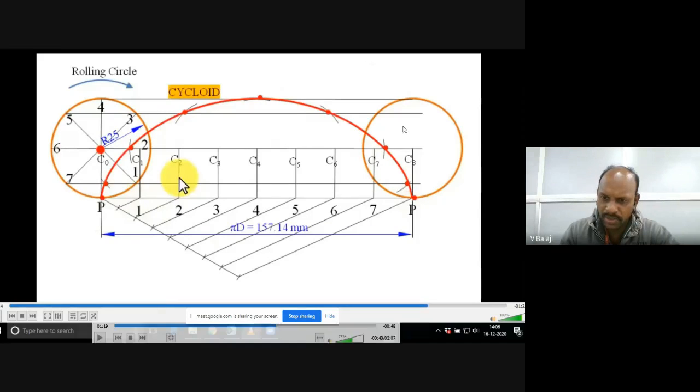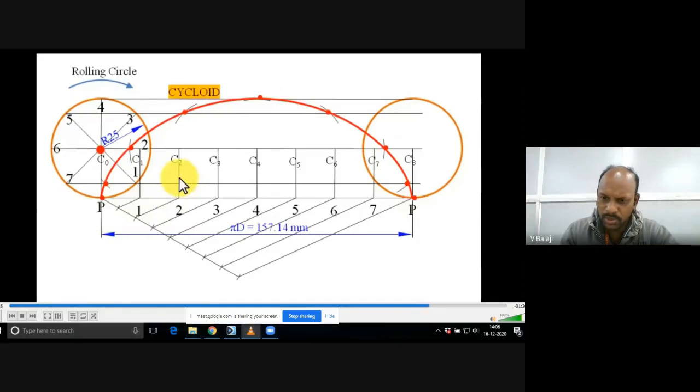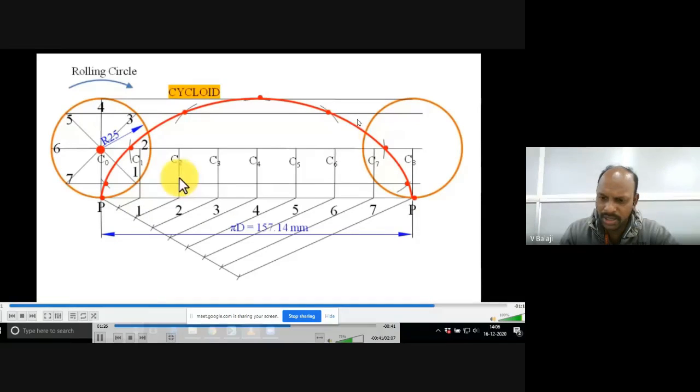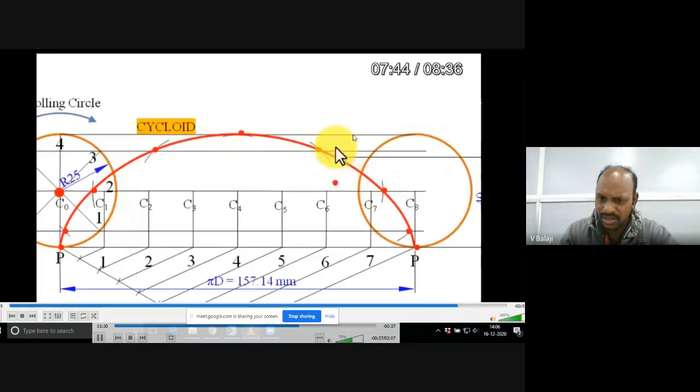You take 40 mm distance above the ground and draw one horizontal line. Draw this horizontal line onto the curve. You can locate this point as Q. This is the given point at a distance of 40 mm on the cycloidal curve.